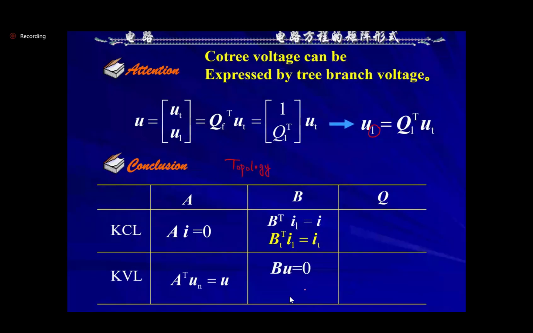The KVL is B U equals 0, or UL equals minus BT UT. For the matrix Q, the KCL is Q I equals 0, or IT equals minus QL IL. For the KVL, QT UT equals U, or UL equals QLT UT. So this uses A, B, Q to express KCL and KVL.